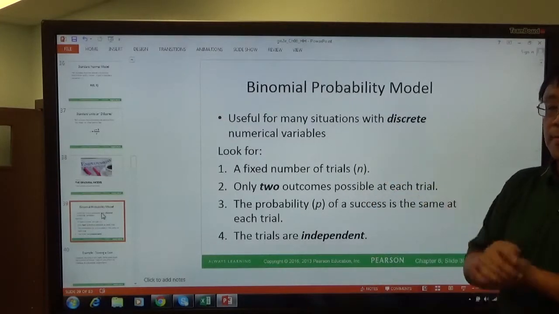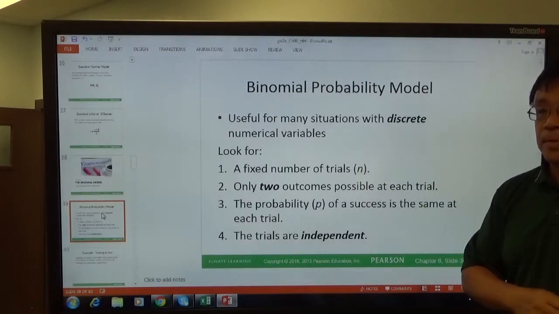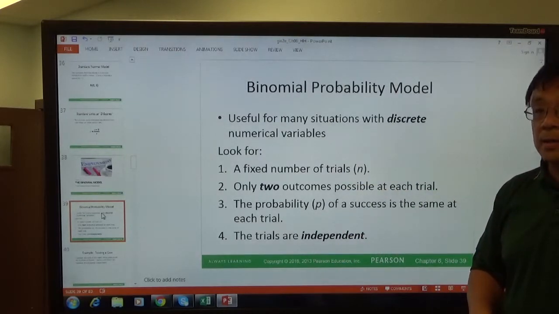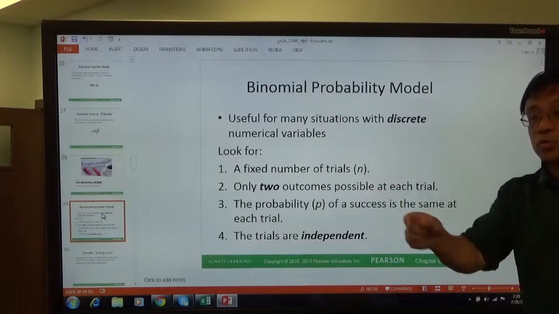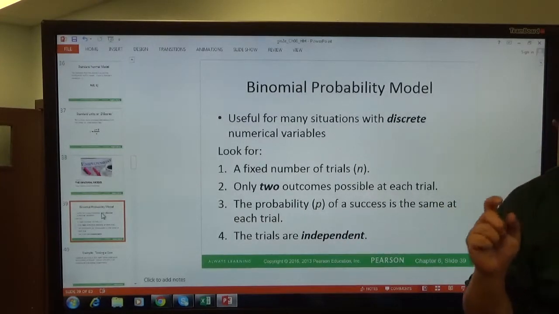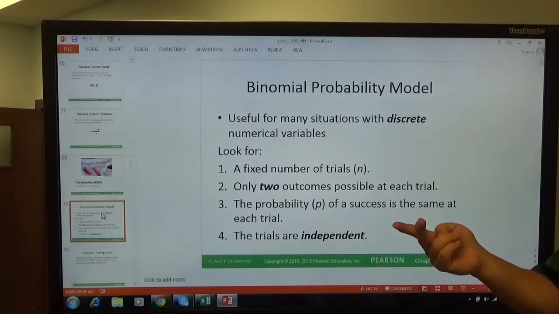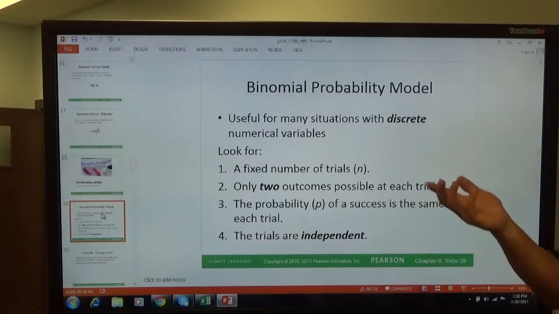Like if you toss a quarter 5 times, the outcome is what? 1 head, 2 heads, 3 heads, 4 heads, 5 heads. But each trial, there are 2 outcomes, either head or tail. And in this example, the probability is the same, 50%.